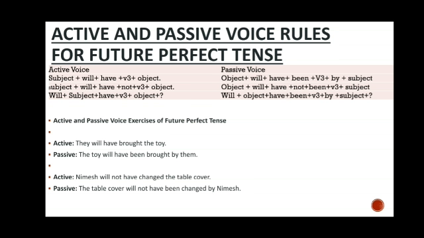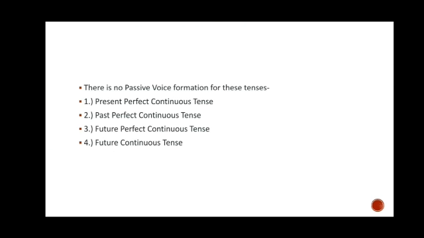Object will come first, then will, then have, then been, B-E-E-N, been, then verb third, then by, then subject. Example: they will have brought the toy. The toy will have been brought by them. Nimish will not have changed the table cover. The table cover will not have been changed by Nimish.